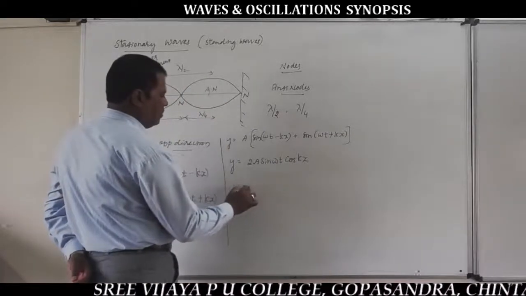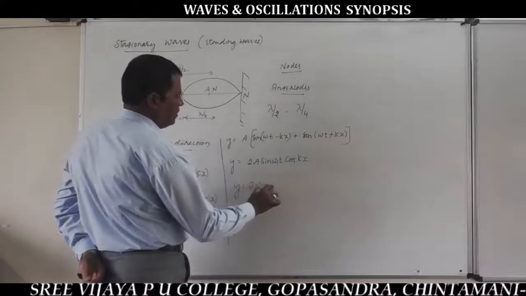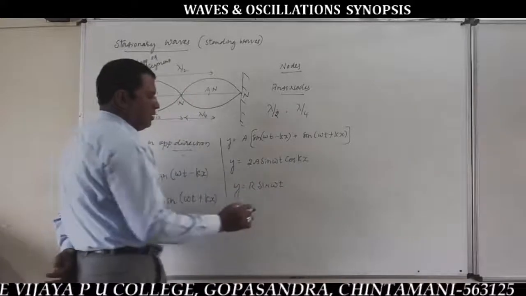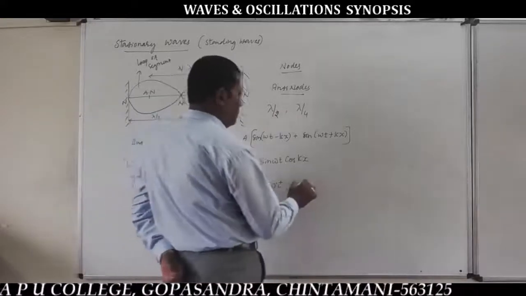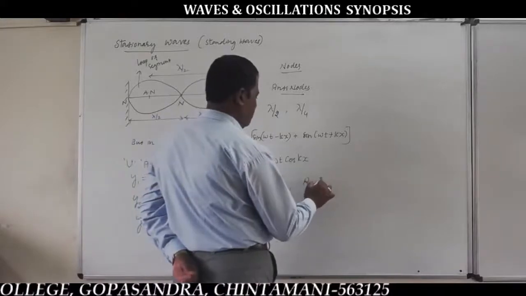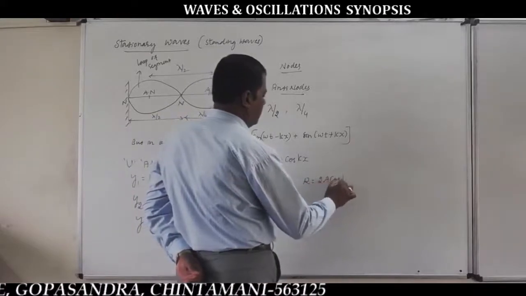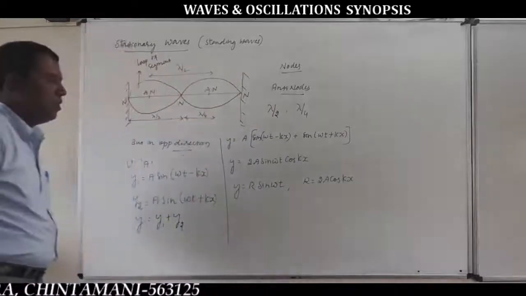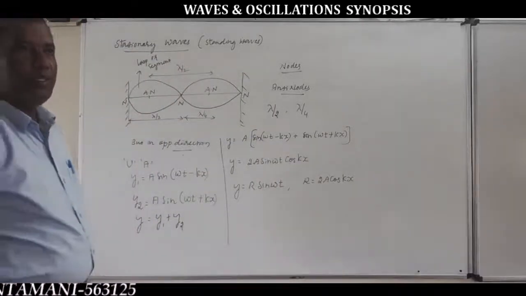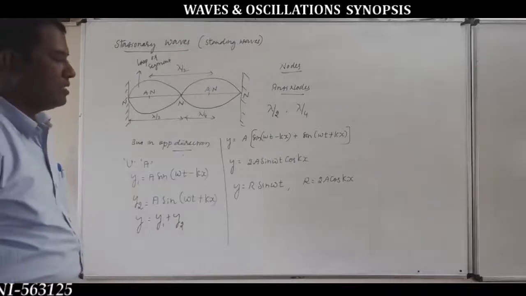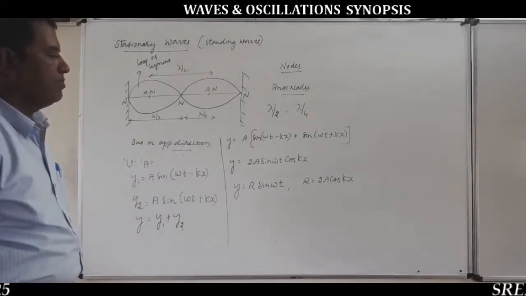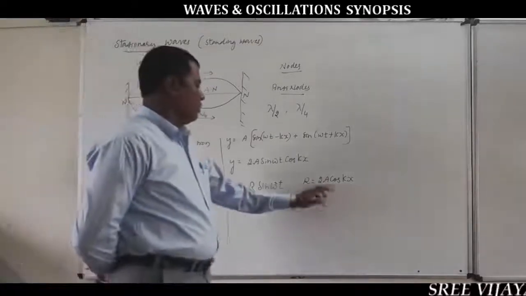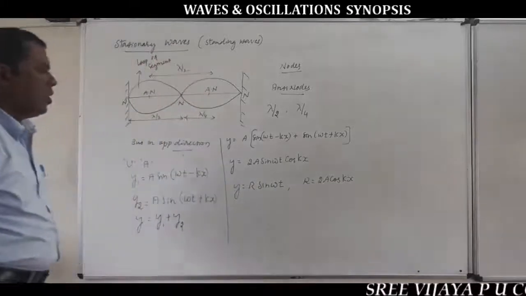So y is equal to R sine omega t, where R is equal to 2a cos kx.